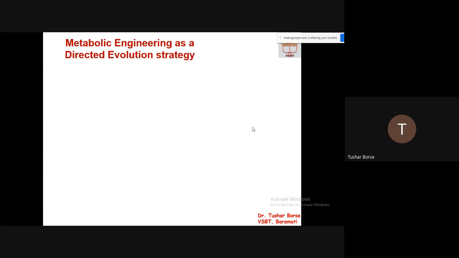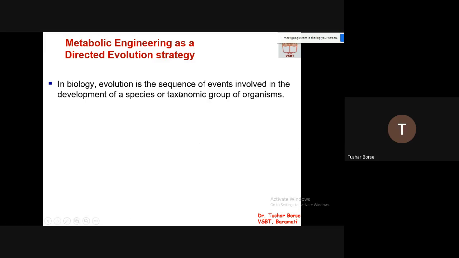Now this modification that nature is doing, you can think that it is a random type of modification. But when you're talking about metabolic engineering, we are targeting a specific protein, a specific metabolite, a specific gene. So that is why we can call metabolic engineering a directed evolution strategy. Okay, and that is what I have mentioned here.